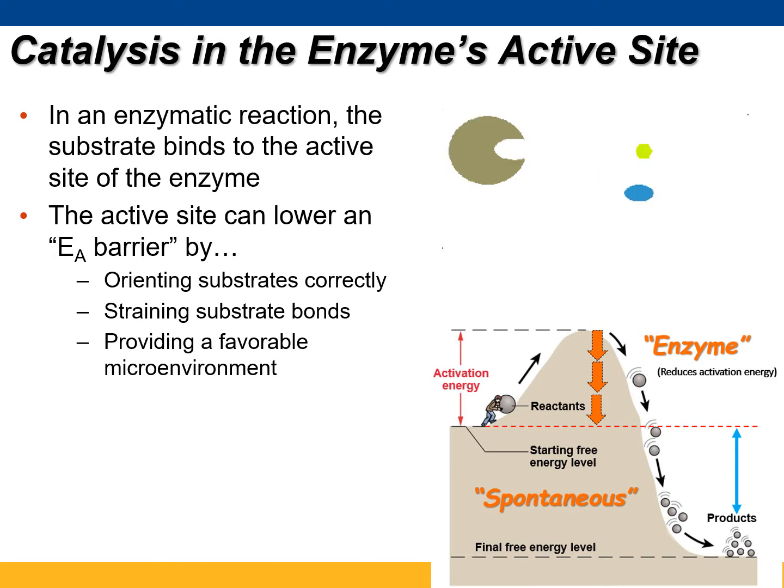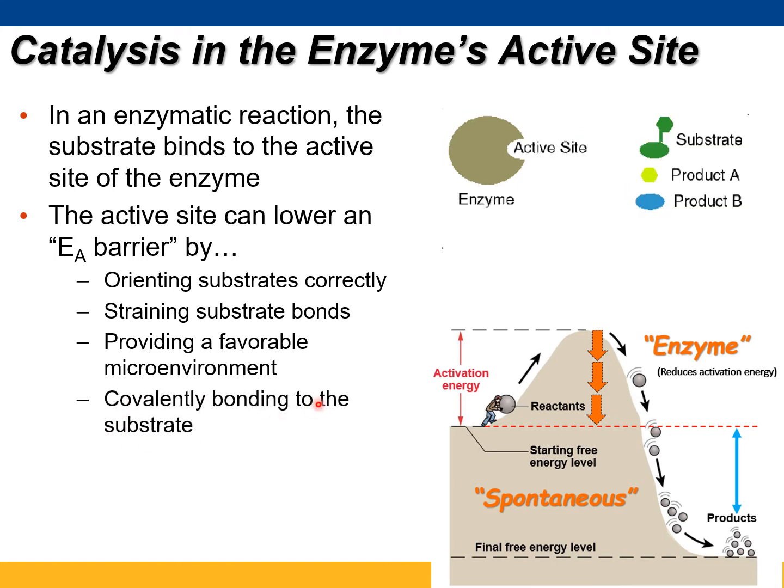We have hydrophilic side chains, hydrophobic side chains, acidic, basic. And so we can create a microenvironment where that substrate wants to bind and react in a given reaction. We can also even covalently bond to a substrate and create a covalent intermediate. We'll show you some examples of this in the next couple of slides.